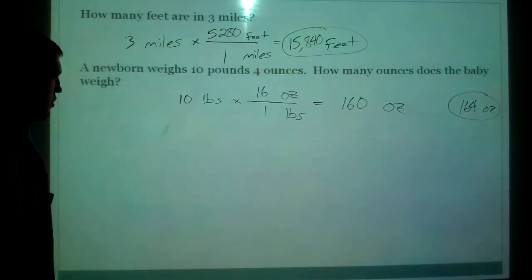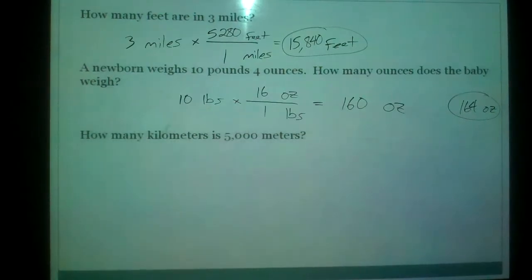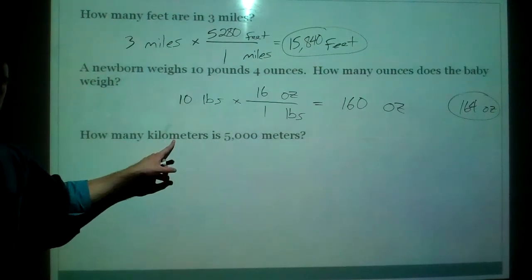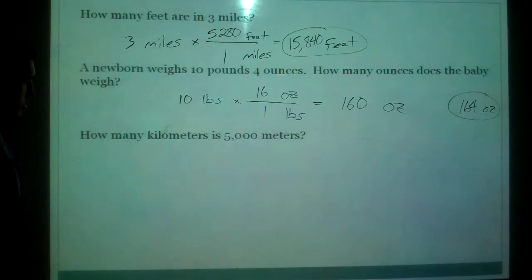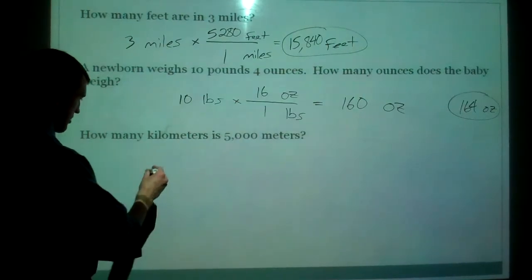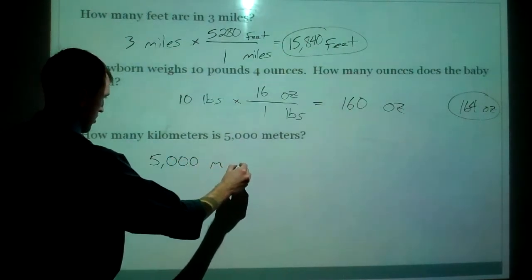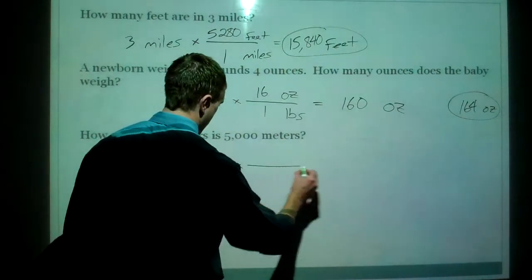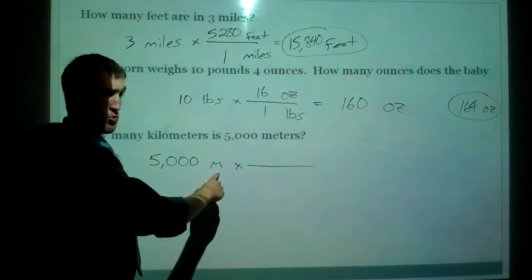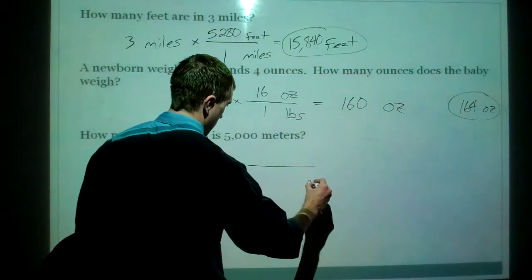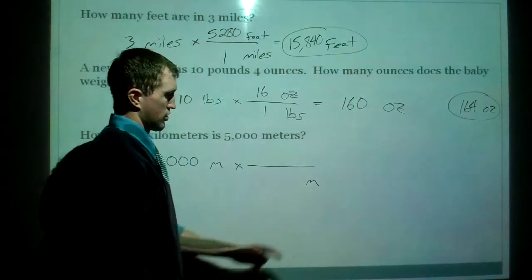Let's check out our next one. How many kilometers is 5,000 meters? Alright, start with 5,000 meters. And multiply by one of these again. Started with meters, going down here. Trying to get to kilometers, we can.